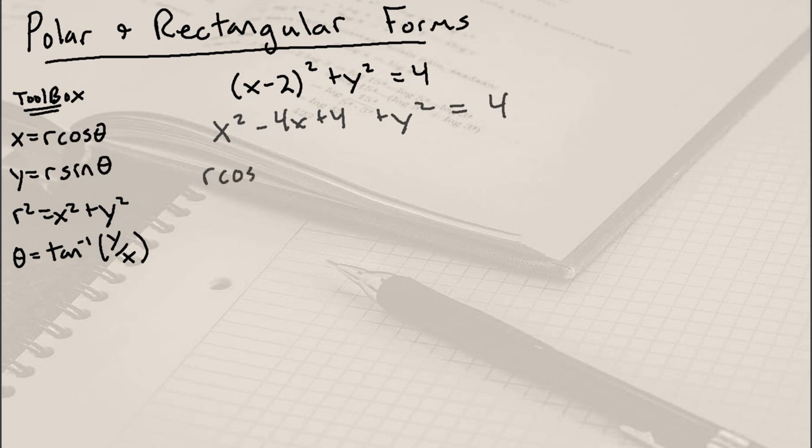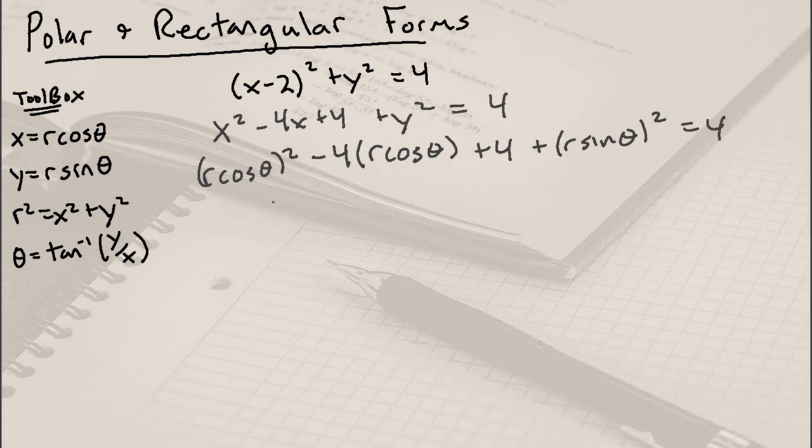So I have r cosine theta squared, because I replaced that x, minus 4 r cosine theta plus 4, and then plus r sine theta squared equals 4.